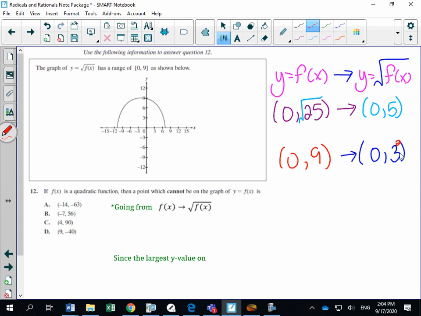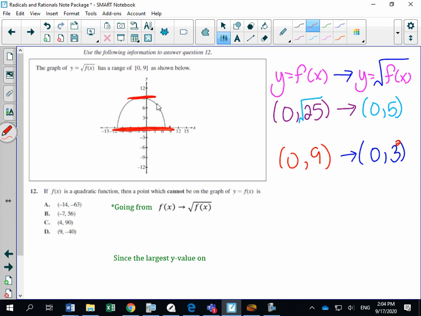And this coordinate is on the radical transformed function because the square root of 9 is 3. So they give us this graph, and they say that this radical graph has a range of 0 to 9. What they're saying is the largest y value is 9, and the smallest y value is 0.